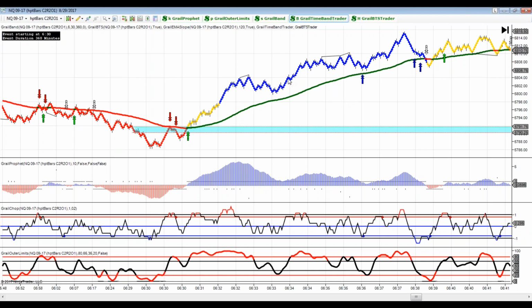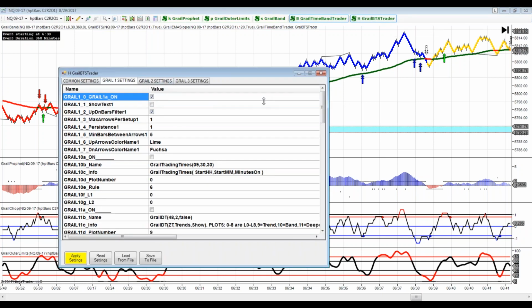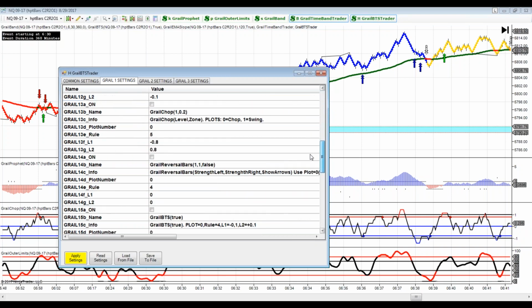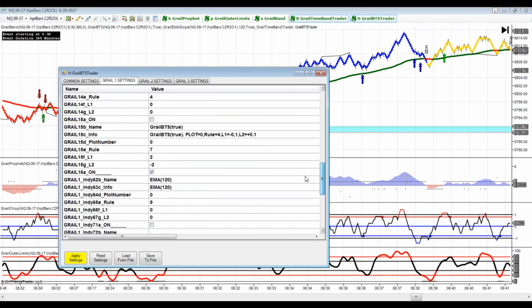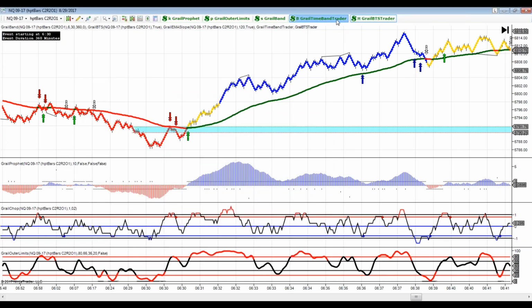And that's trading the profit again, like I said, the preferred combination is the profit and the EMA. And then Grail 2. And then the time trader.